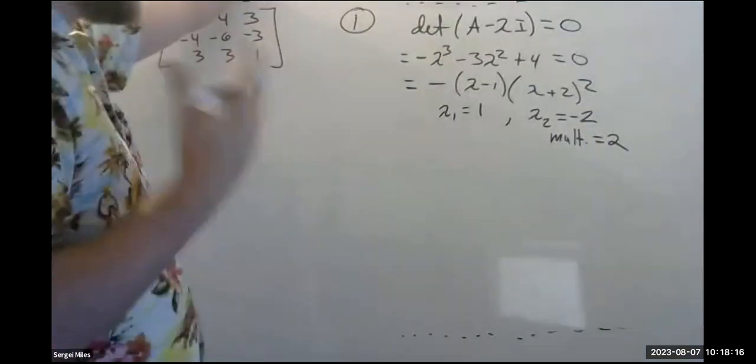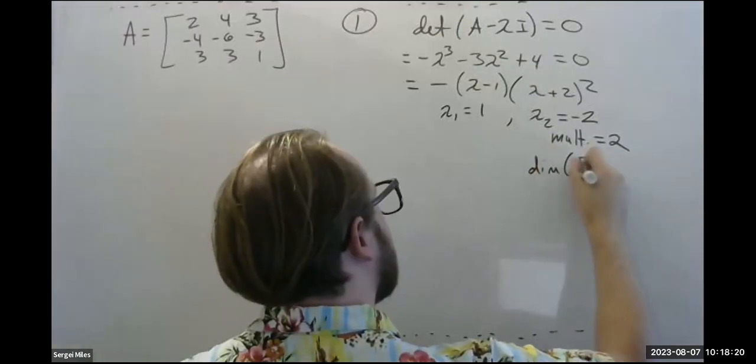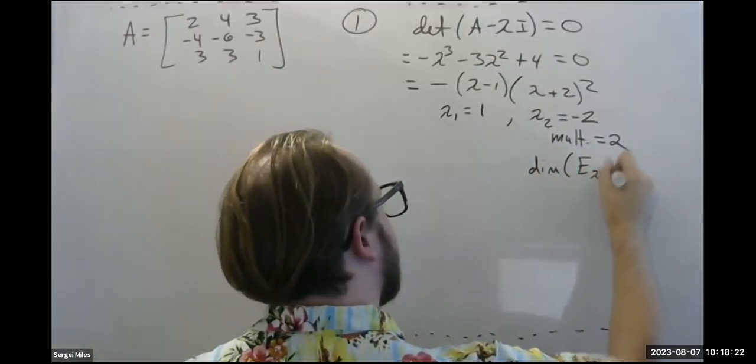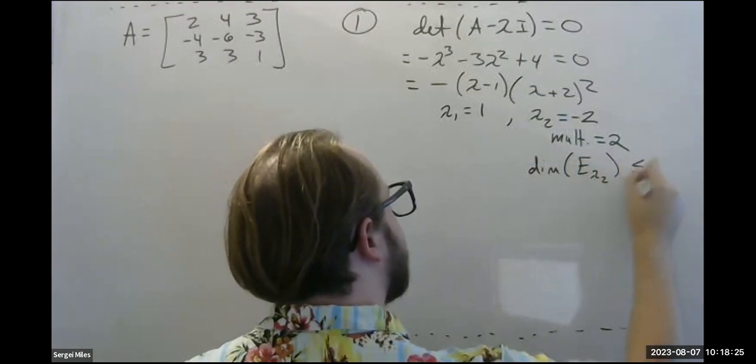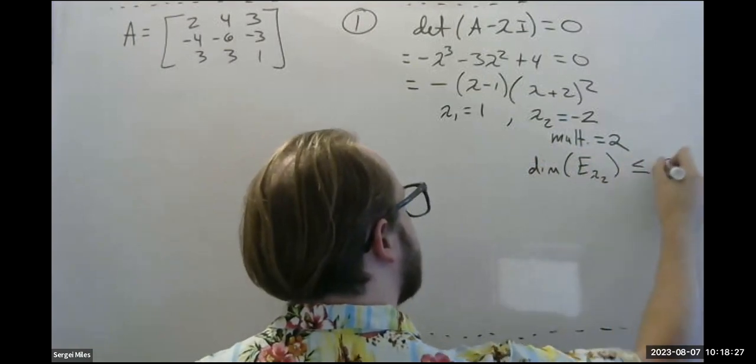So what this means is that the dimension of its eigenspace is less than or equal to the multiplicity, right?